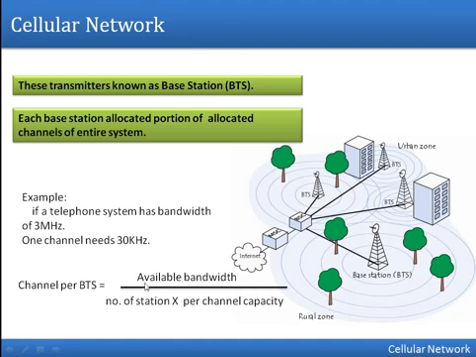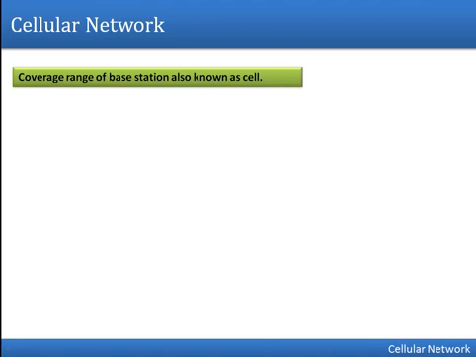The formula for that is available bandwidth divided by number of stations. It gives us the frequency amount allocated per cell. Then we divide that by the frequency required by one channel, and it gives us the number of channels per cell.